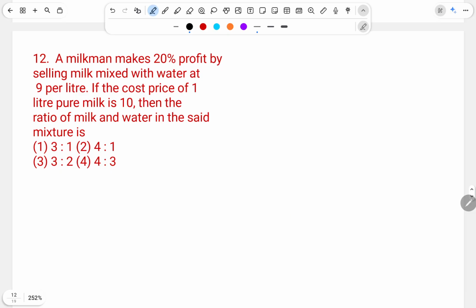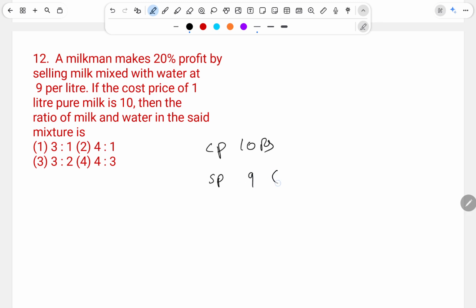Then a milkman makes 20% profit by selling milk mixed with water at 9 per liter. If the CP, cost price of 1 liter pure milk, is 10 rupees, then the ratio of milk and water in the said mixture is. Now CP is 10 rupees, but SP is 9 rupees.